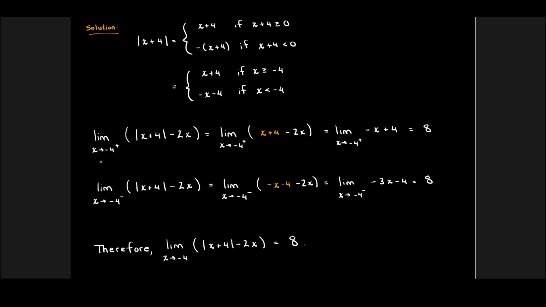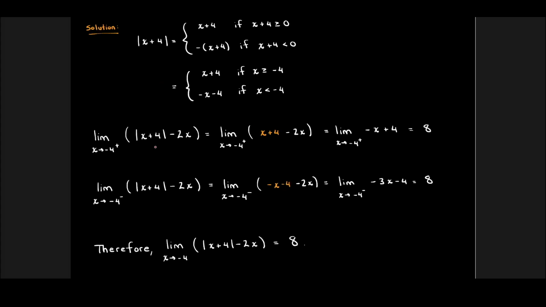Okay, so let's begin with looking at the right-hand limit. As you approach negative 4 from the right-hand side, all of your inputs are bigger than negative 4. Well, if that's the case, then we know that the absolute value of x plus 4 just simplifies to x plus 4. You can drop the absolute value signs because this input is positive.